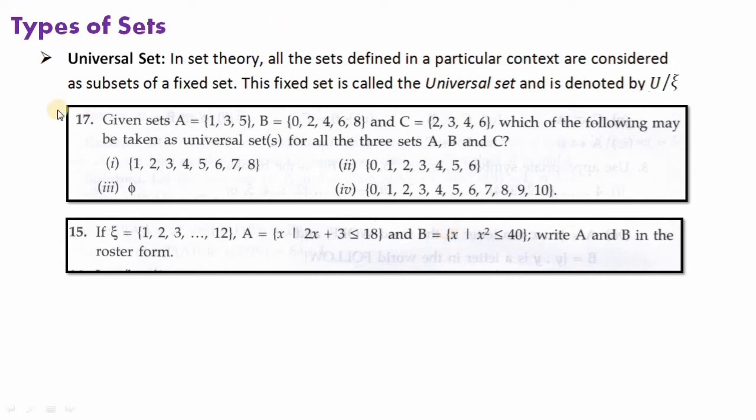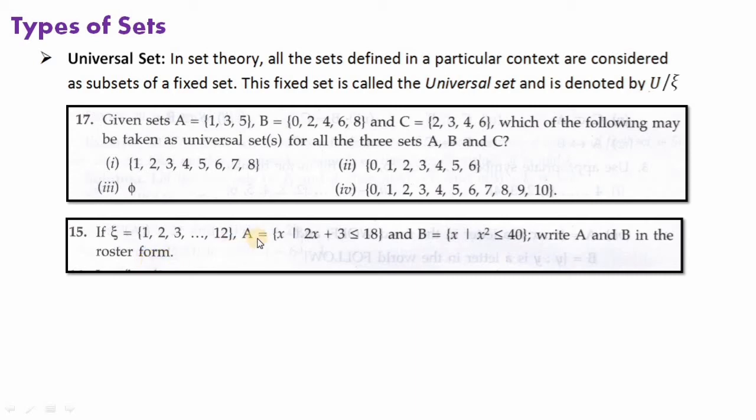Now it is given that your universal set is a set containing numbers till 12. So 1, 2, 3 till 12. And A is given, B is given. Both are given in which form? They are given in set builder form. So you have to write A and B in roster form.